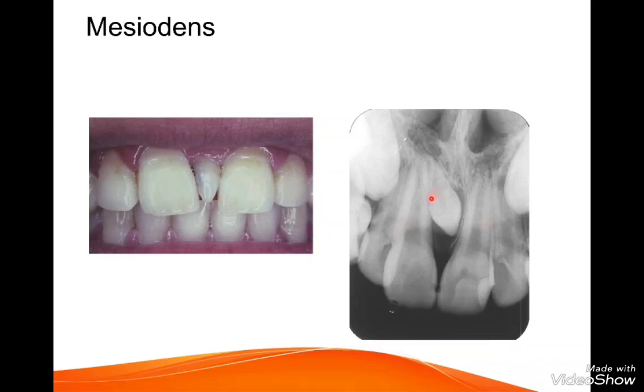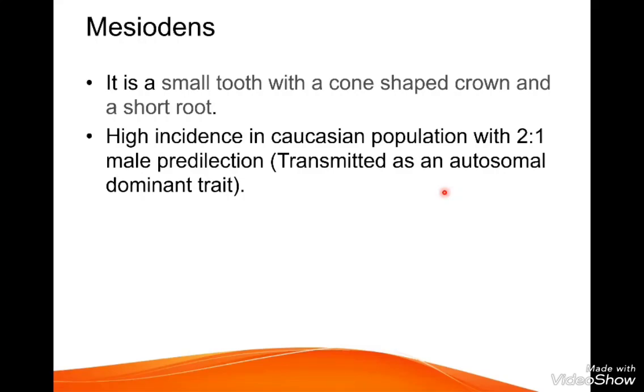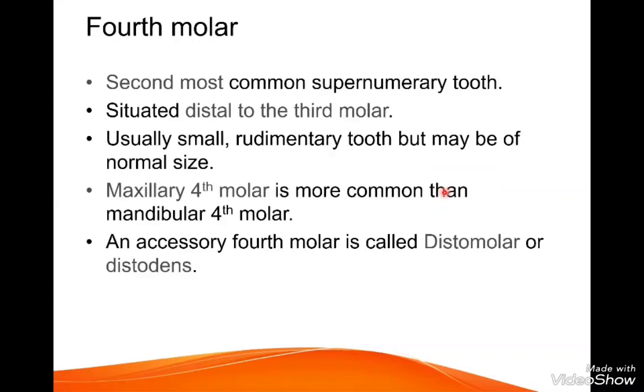You can also see a small conical shaped root, which is comparatively smaller than the actual size of the root. So high incidence have been reported in the Caucasian population with 2:1, and there's a transmission through autosomal dominant trait.